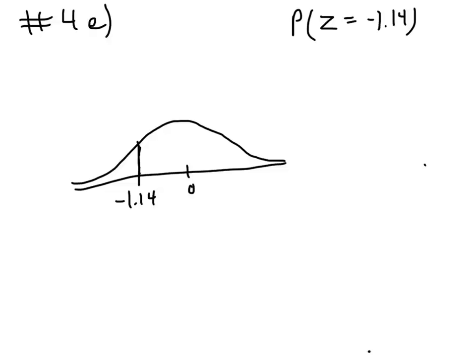Okay, so what we would want to do is take 1 minus the area to the left, minus the area to the right, and what we find out is that because this is a continuous variable, there's 0 chance of a particular value. Alright, we have absolutely 0 chance of this equaling exactly negative 1.14.